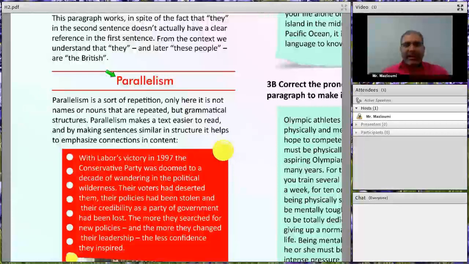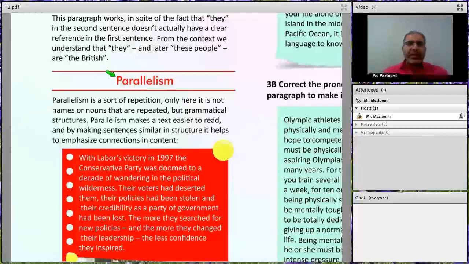Parallelism means using similar structures, let's say vocabulary, structures that are the same to achieve coherence. For example, my friend is tall, handsome, and generous. So you see, tall, handsome, and generous are similar structures.